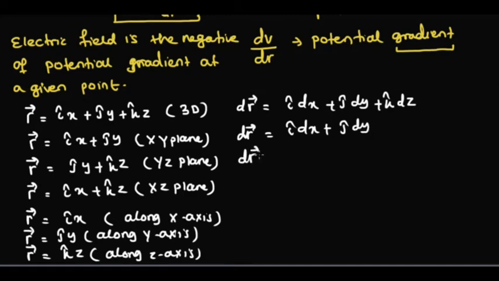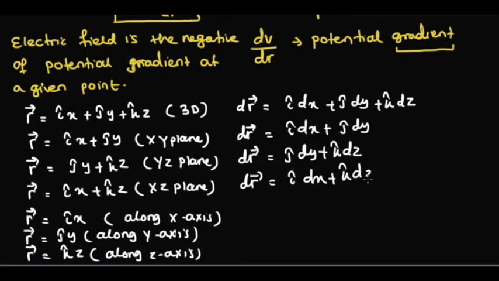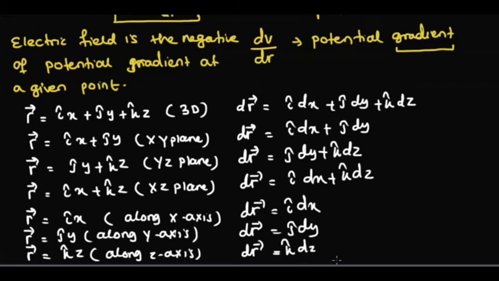In the third case, dr vector equal to j cap dy plus k cap dz. In the fourth case, dr vector equal to i cap dx plus k cap dz. In the fifth case, dr vector equal to i cap dx. In the sixth case, dr vector equal to j cap dy, and in the last case, dr vector equal to k cap dz.